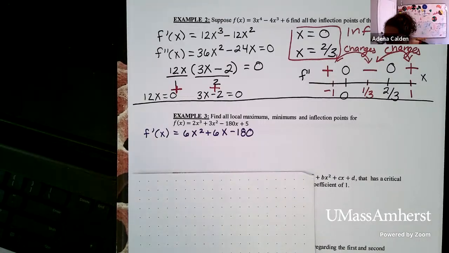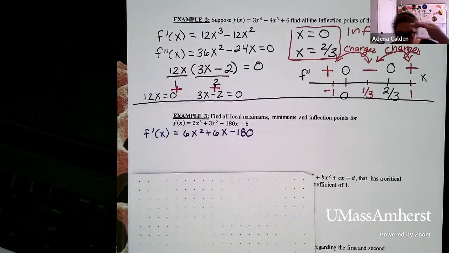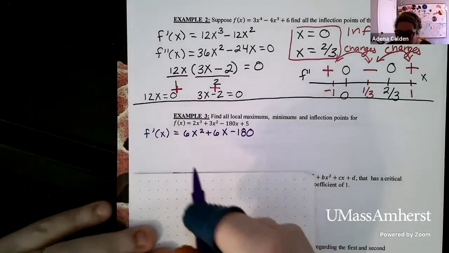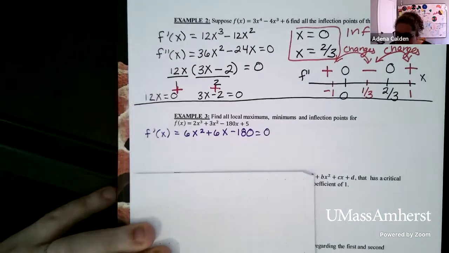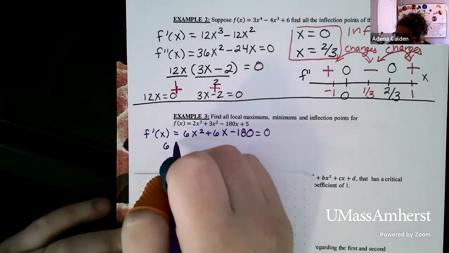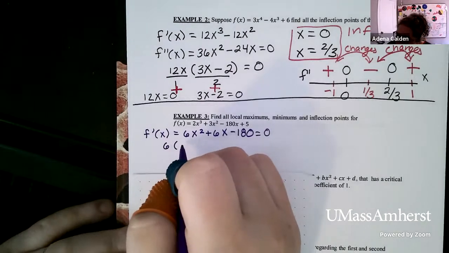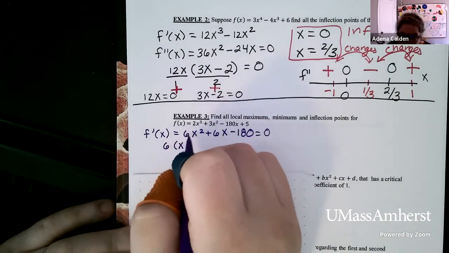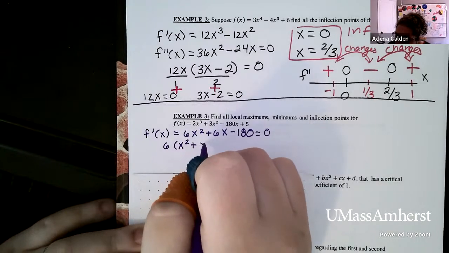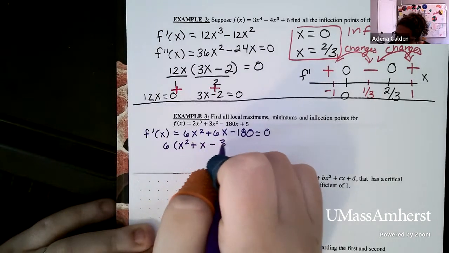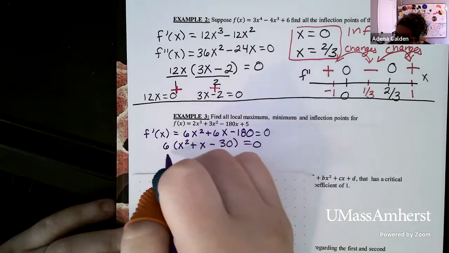But the way I'm going to organize this is by going down below this work to see what happens when I set this equal to 0. Okay, so I'm going to factor this. When I factor, I'm going to start by pulling out the 6, which was the leading term here. So I'm left with x squared plus x minus 30 equals 0.